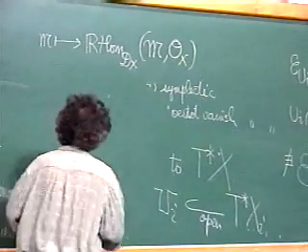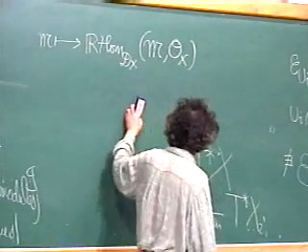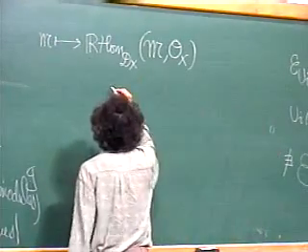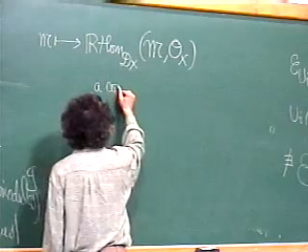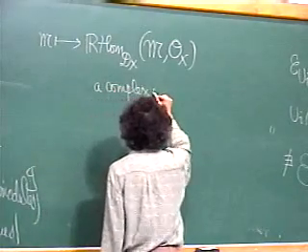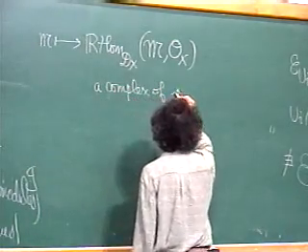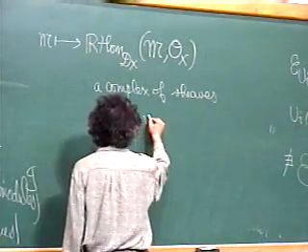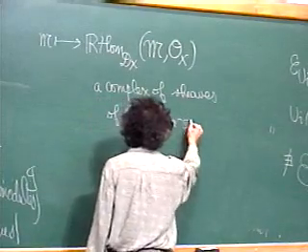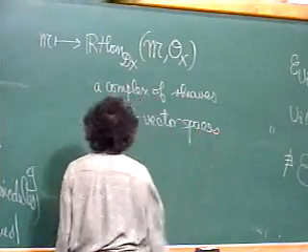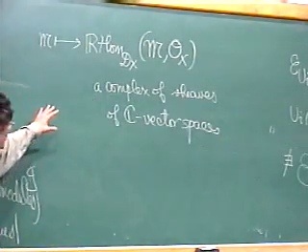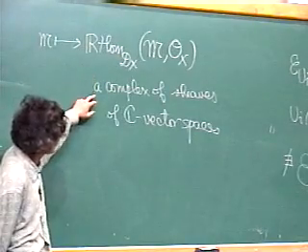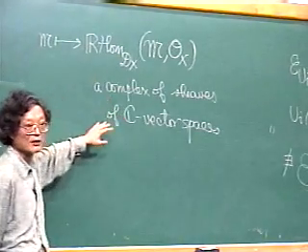So you take Hom, in fact, in the derived category, and so it is a complex of sheaves of vector spaces. And we consider them in the derived category of complexes of sheaves of vector spaces.